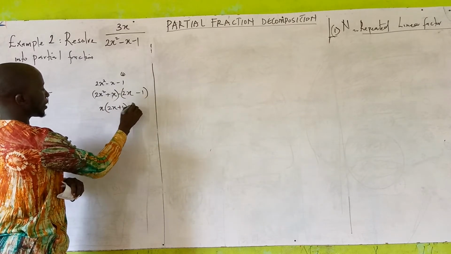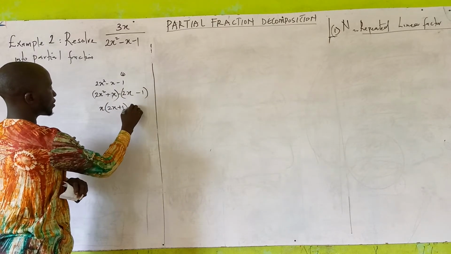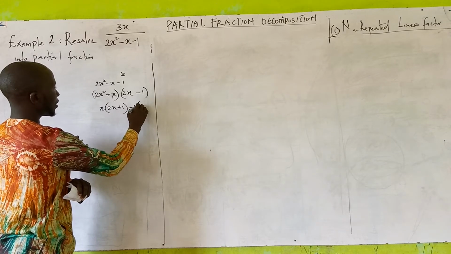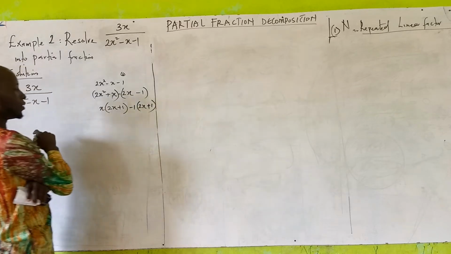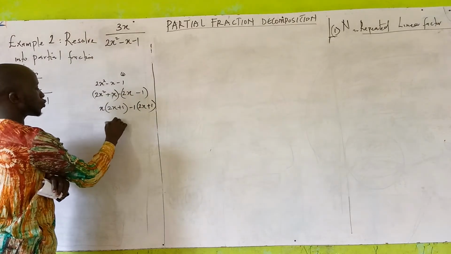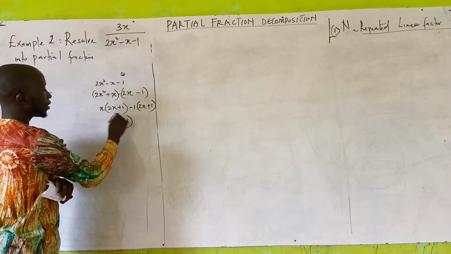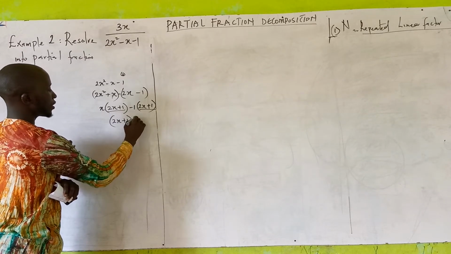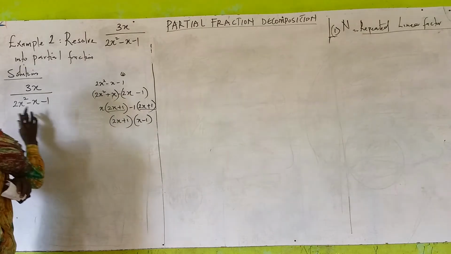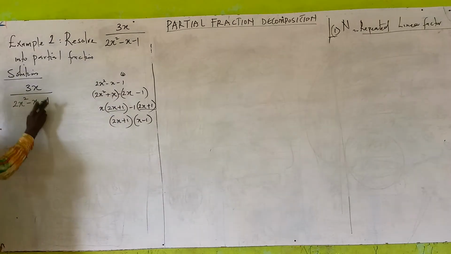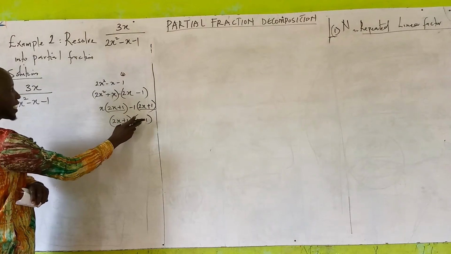Minus is common here, so minus 1 into bracket 2x plus 1. So our root here is 2x plus 1 into bracket x minus 1. So the root of this quadratic equation here is 2x plus 1, x minus 1.